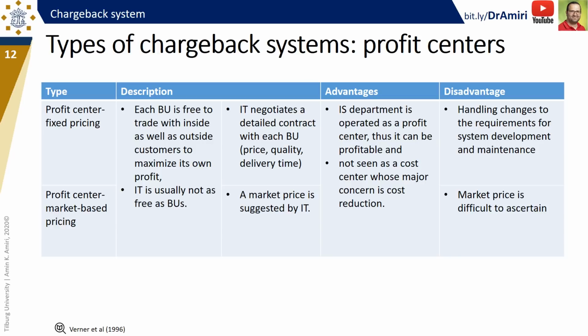In fixed pricing, the two parties, the IT department and the business units, negotiate a detailed contract which includes prices, quality, delivery time, and so on. So, for example, Tysem would have a contract with the IT department about course registration.